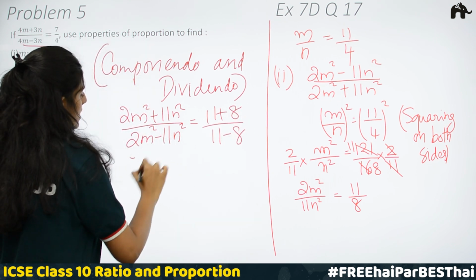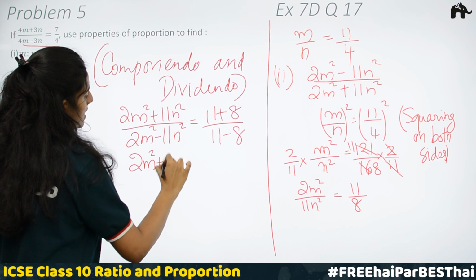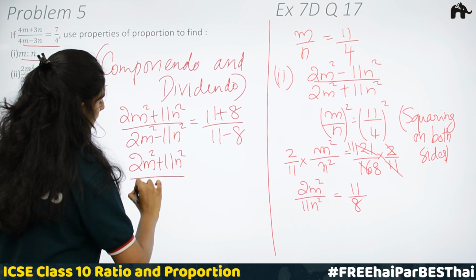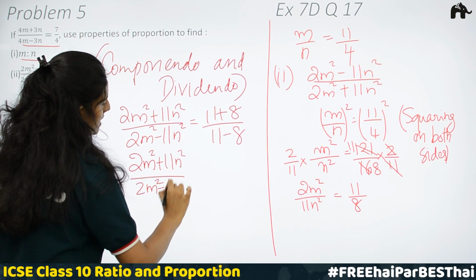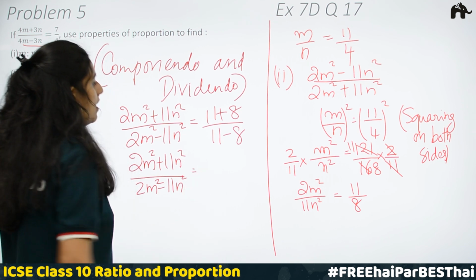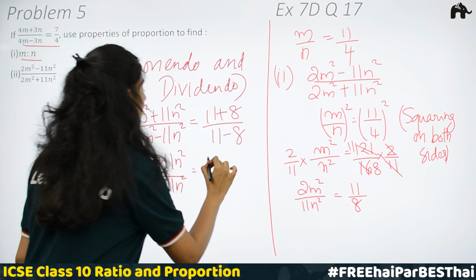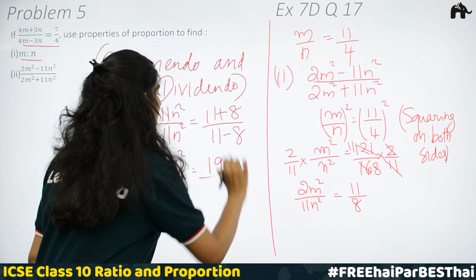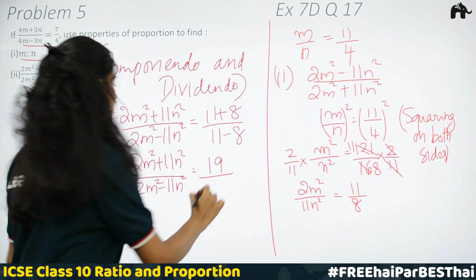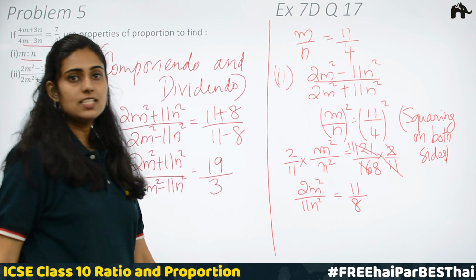Okay, that is (2m square plus 11n square) divided by (2m square minus 11n square) is equal to 11 plus 8, 19, 11 minus 8, 3. We got 19 by 3.